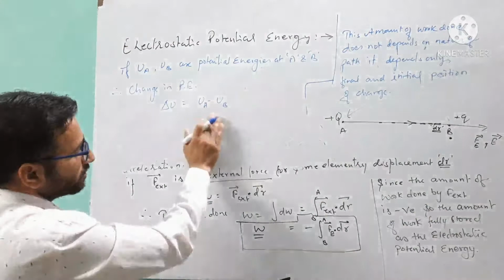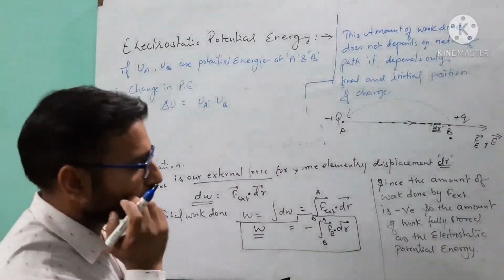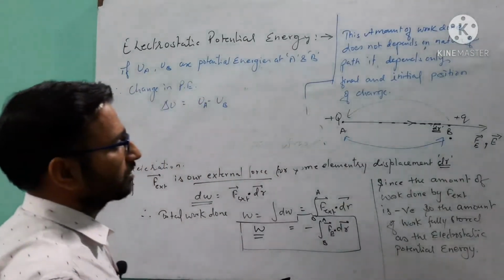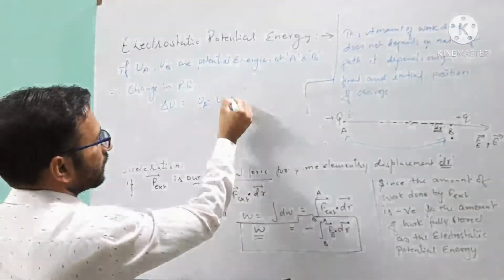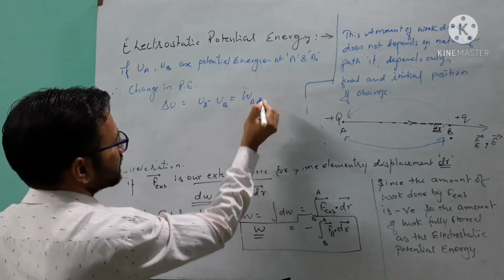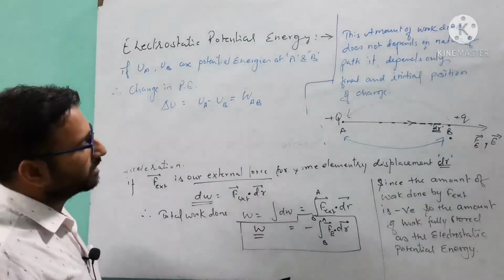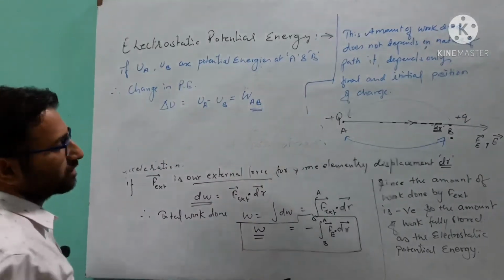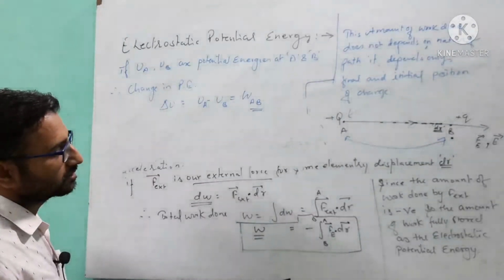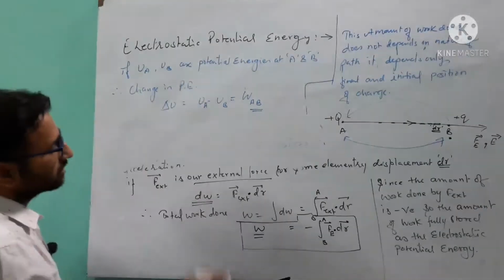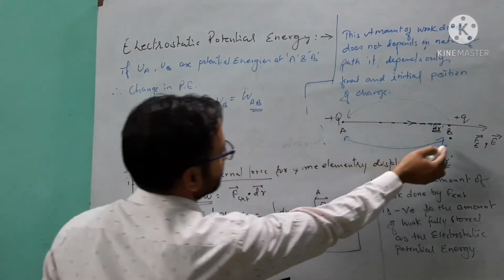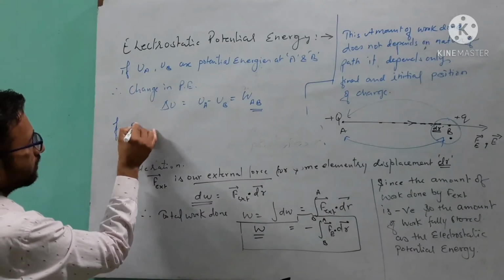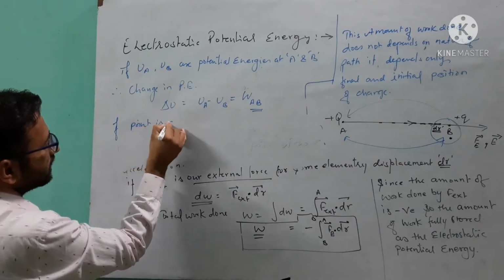And this change in potential energy is equal to the amount of work done to carry the charge from point B to A, which is represented by WAB. And as we know, this amount of work done does not depend on path. So suppose point B is at infinity.